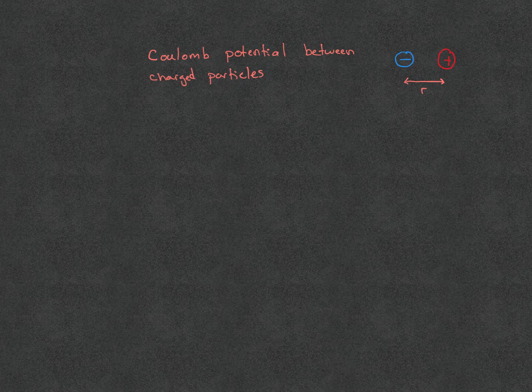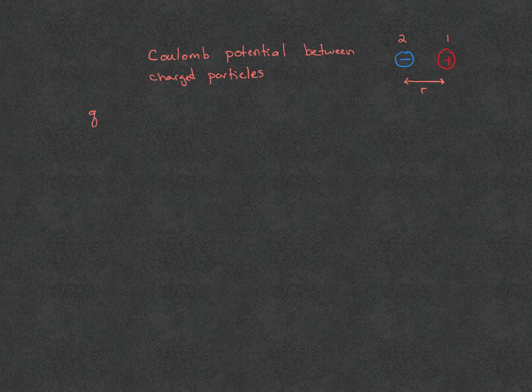Okay, and these particles can have any charge. Just for the sake of convenience, we're going to call one of these particles particle 1. So we'll make the proton particle 1, and we'll make the electron particle 2. Doesn't matter, we could switch the order if we wanted, okay?